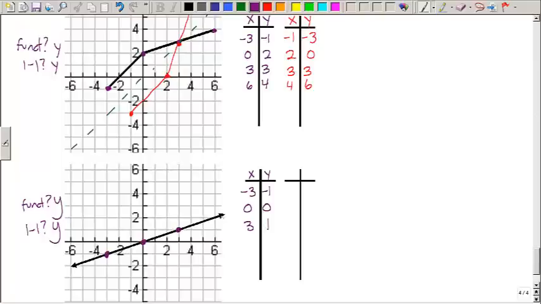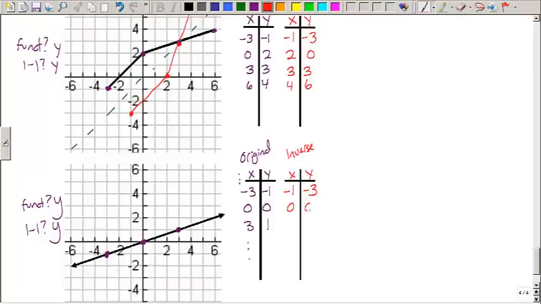I note that these do have arrows, so they do keep going above and below the points that I have here. To find the inverse, I'm going to take the x and the y values and interchange them. So instead of (-3, -1), I'm getting (-1, -3).